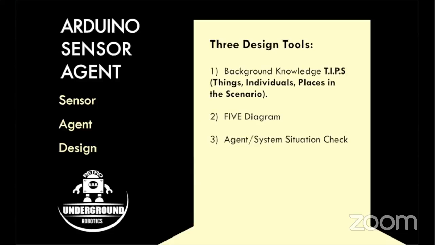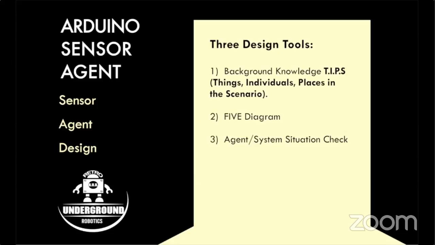The 5 diagram is a diagramming technique that we've come up with that gives us a visualization of our design, what things are going to look like and what we're going to need, what the inputs are going to be, what the outputs are going to be, and what the processing is going to be. We draw all of this out in a diagramming program. We happen to use OpenOffice or LibreOffice.